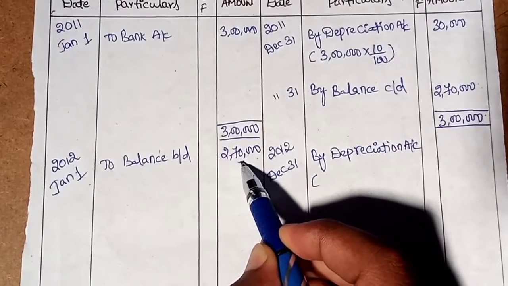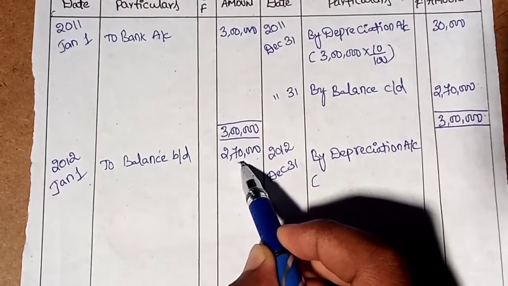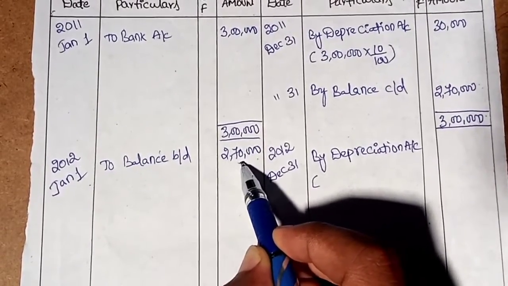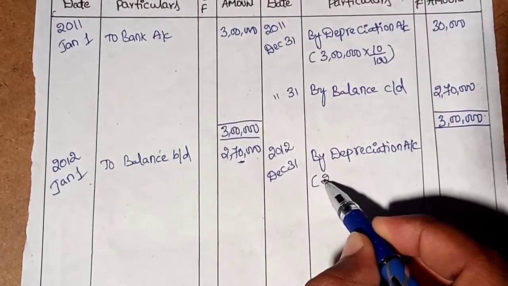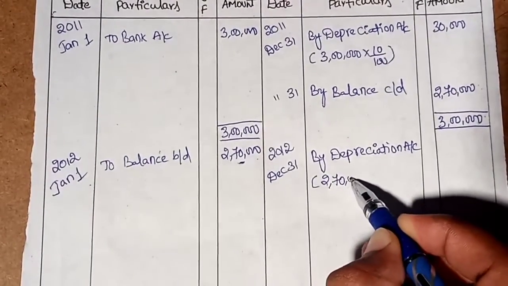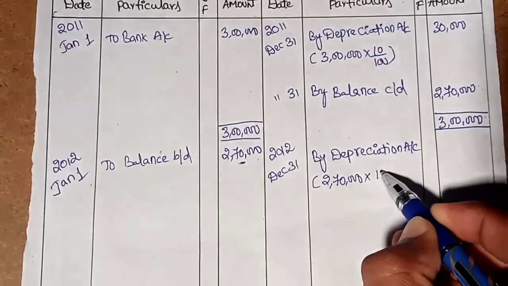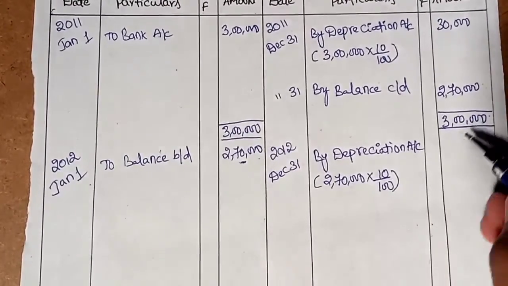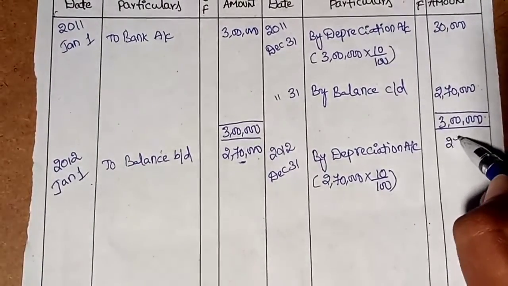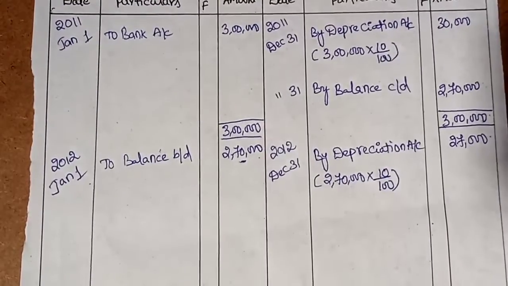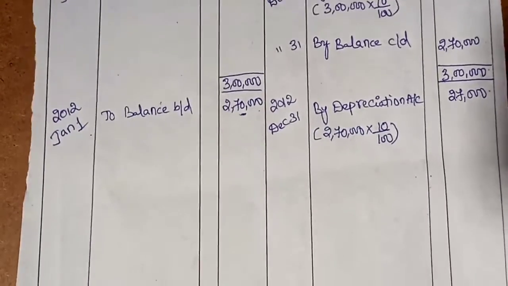That means the book value of the asset is 2 lakh 70,000. So we should calculate depreciation on 2 lakh 70,000 into 10 by 100, that equals 27,000, the amount of depreciation.